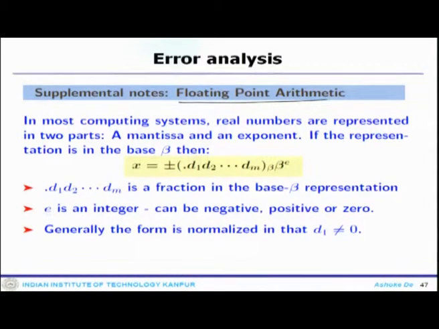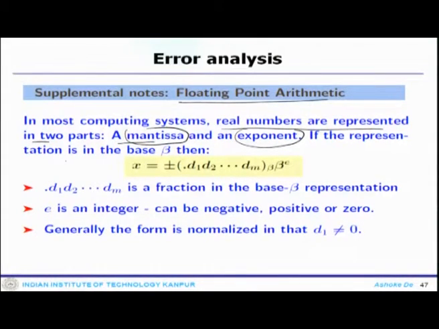This is where slowly we are moving towards the handshaking between our hardware precision, or the machine precision, and our calculation. So, any real number is represented in two parts, one called the mantissa and the other called the exponent.